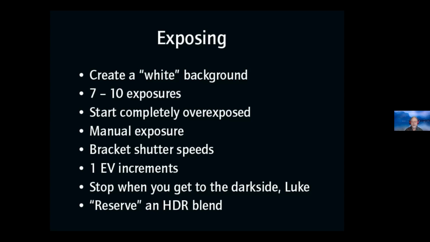And reserve an HDR blend. So what I do is I run the 7 to 10 exposures, let's say 8 exposures, through an automated HDR program, e.g. the one in Photoshop or Lightroom or Aurora or Nik HDR FX or whatever. And I put that aside when I'm making my layer stack.